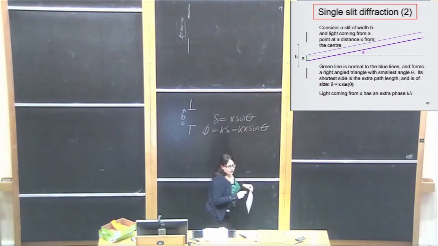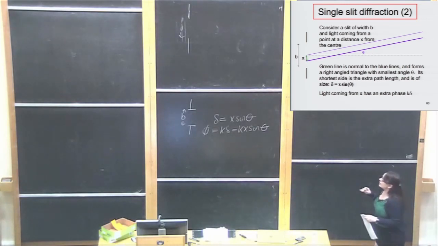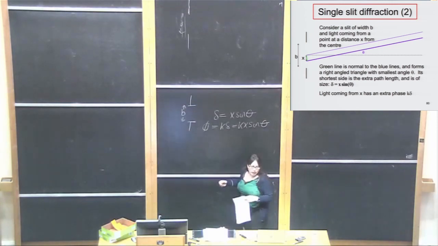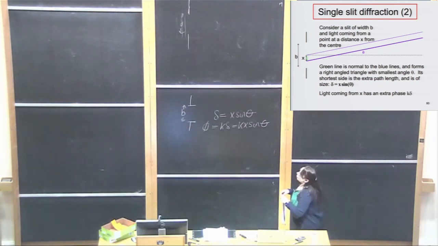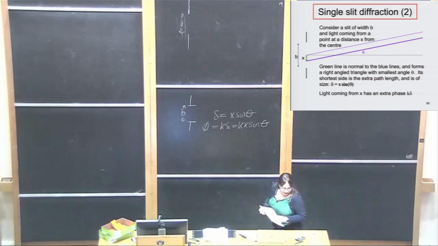Hopefully that looks very familiar, but with the d for the two slits replaced by this variable x. What we want to do now is assign a complex amplitude to every single one of the point sources and then add them all up, which is going to be an integral.